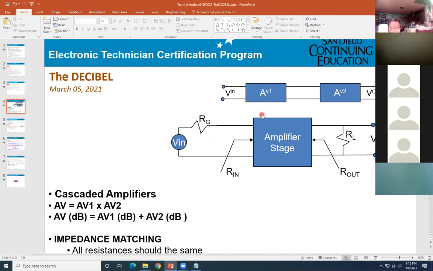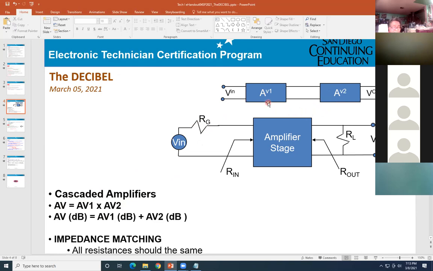Okay, now you get amplifiers A1 and A2, AV1, AV2. So in order to calculate the total gain of the amplifier, that's what they're talking about, cascaded amplifiers. Then AV will be AV1 times AV2.